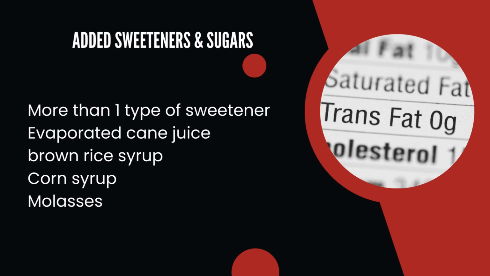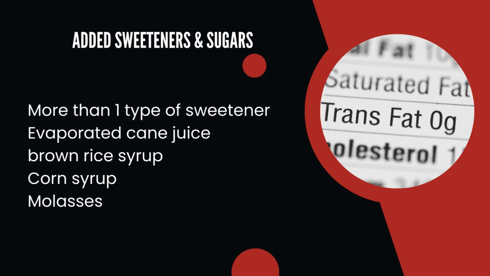And the food companies know this. This is how they get away with having to list sugar as the number one ingredient, because they break it down into all these little sweetener names individually, right?